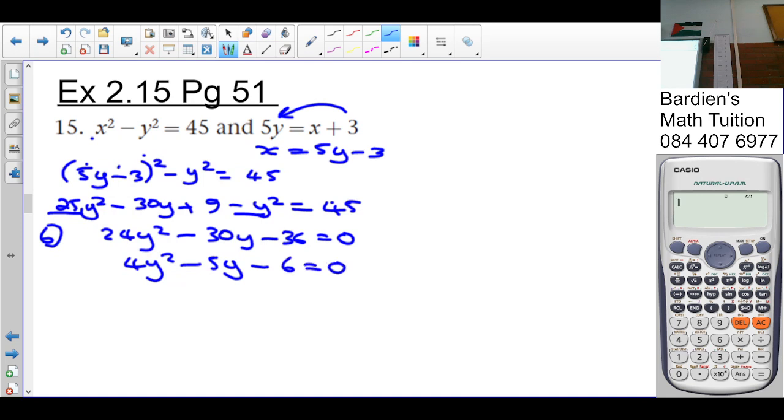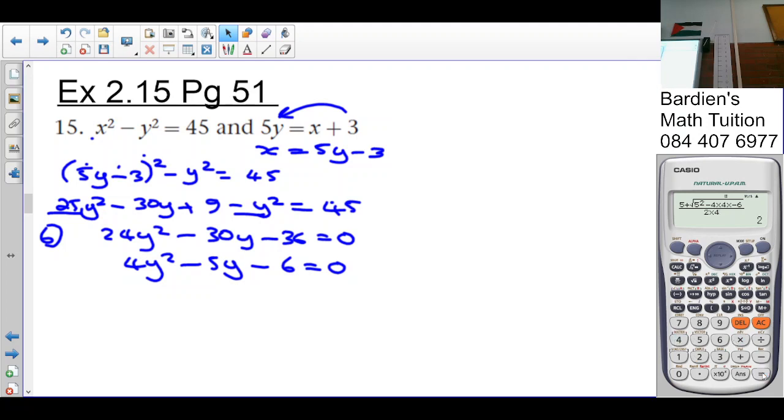Not so? So you can go into your factors, or you can just use your quadratic formula. So it's going to be minus b plus or minus the square root of b squared minus 4ac, over 2a.